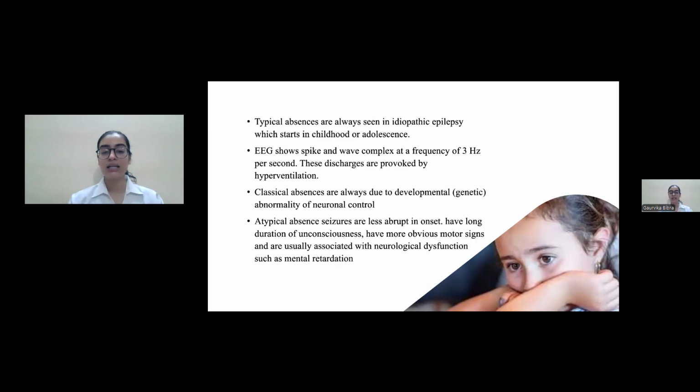EEG shows a spike and wave complex at a frequency of 3 Hz per second. These discharges are provoked by hyperventilation. Classical absences are always due to developmental or genetic abnormalities of the neural control. They have a less abrupt onset and a long duration of unconsciousness, have more obvious motor signs, and are usually associated with neurological dysfunction such as mental retardation.